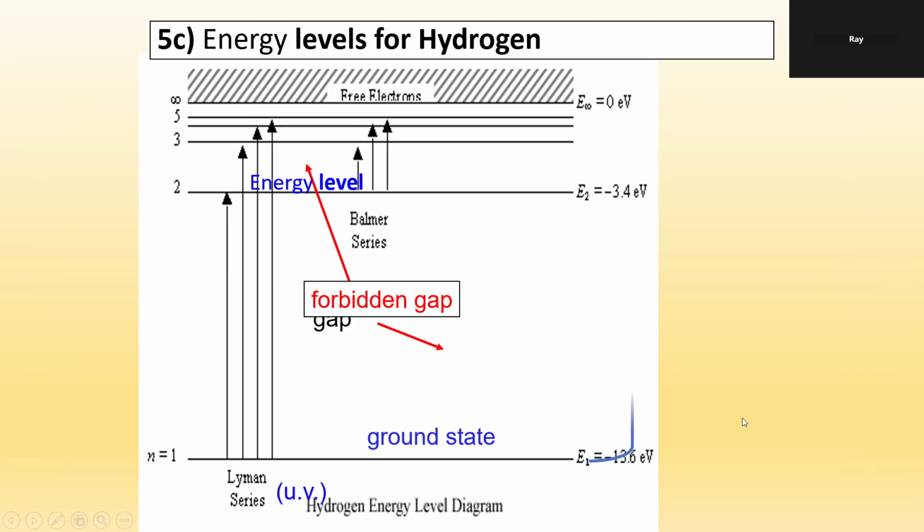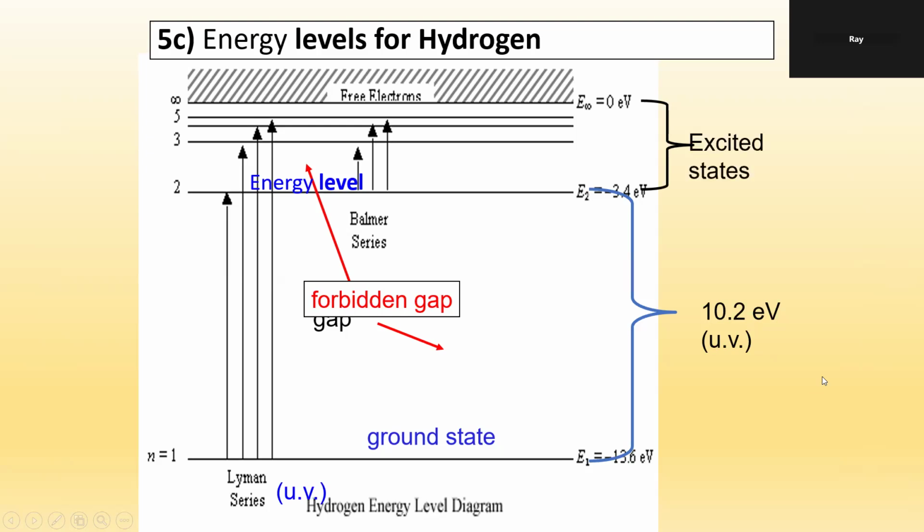Between the first level, the ground state, and the first energy level is 10.2, which is in the ultraviolet region. Any energy level higher than E1 is considered an excited state. For these transitions, you need visible light.